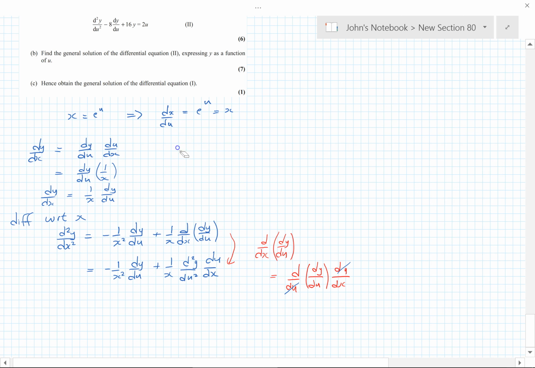You can see it from up here, because it's a reciprocal of dx by du, which is x. So this is equal to minus 1 over x squared dy by du plus 1 over x squared d2y by du squared.